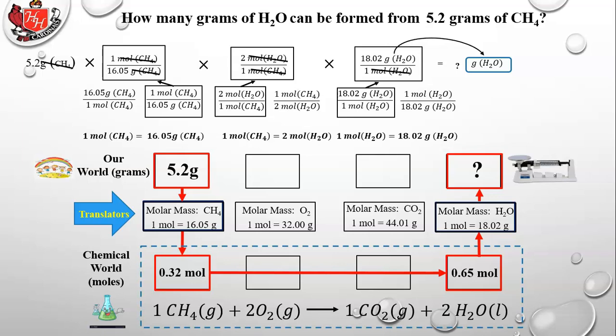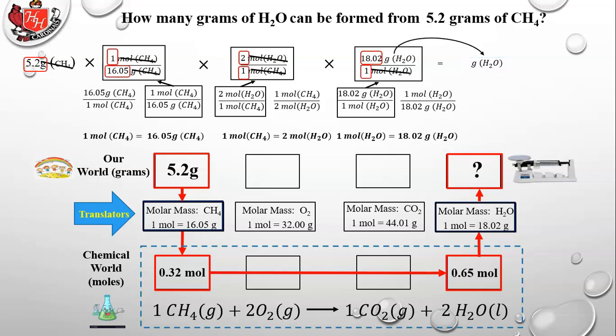Now we're ready to do the math. So it's 5.02, look way over on the upper left, times everything on the top, times 1, times 2, times 18.02, and now you divide by everything on the bottom. In other words, you literally hit the divided by sign on your calculator every time. Divided by 16.05, divided by 1, divided by 1.